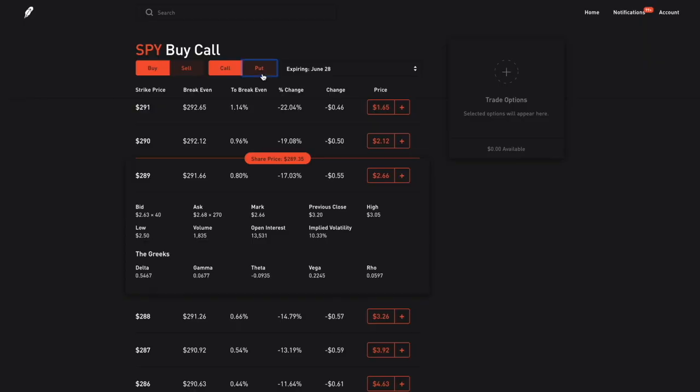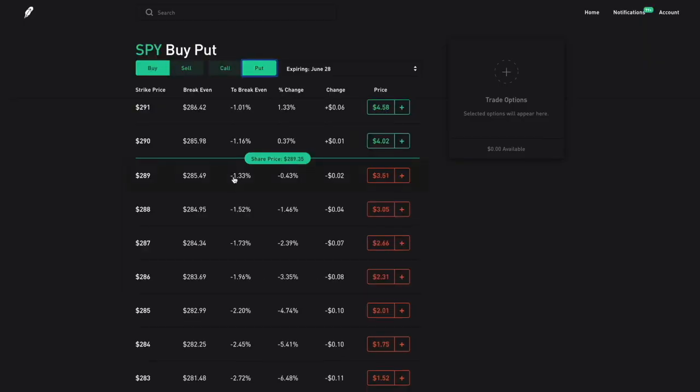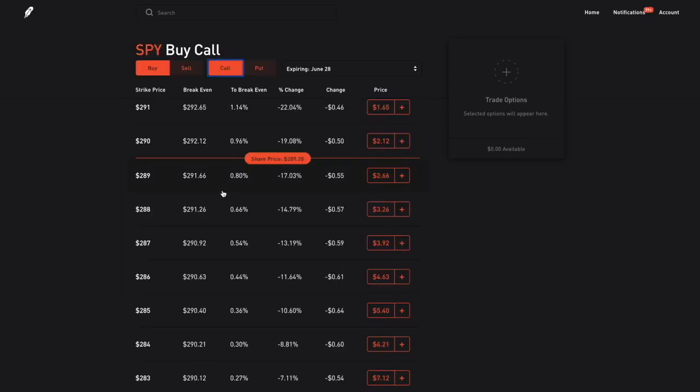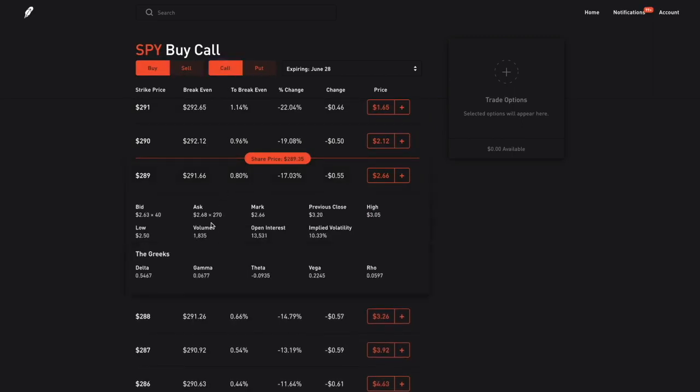When you compare that to puts for the same at the money option, you're obviously paying more, and the volume has increased to 7,847. So more volume got exchanged in puts than calls. So that can determine what is the overall sentiment in the market.